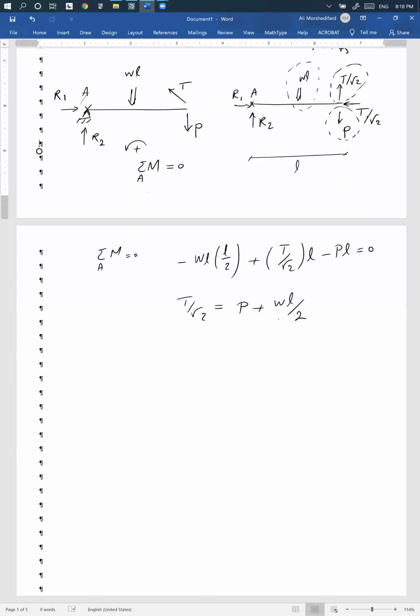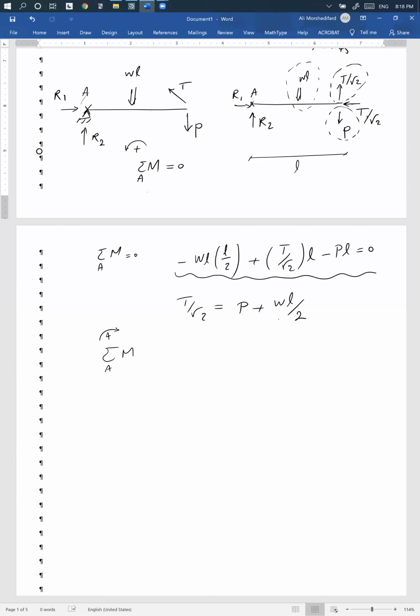All right. Just to show that it doesn't matter which direction you take your moments, I took this one, now let me take this one. All the signs in this equation will be reversed.